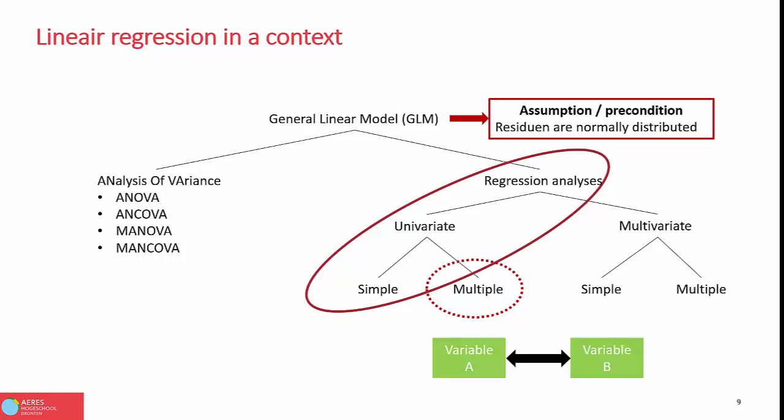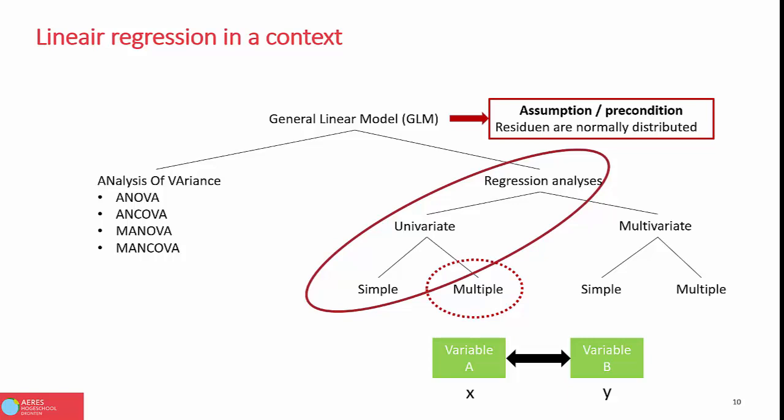In essence, what we're after with linear regression is we want to find the relationship, or more specifically, we want to describe the relationship between two variables, A and B. Within regression analysis, we're not talking about causal relationships. We're only talking about a relationship, which might be causal or not, but we cannot state that based on our regression analysis.